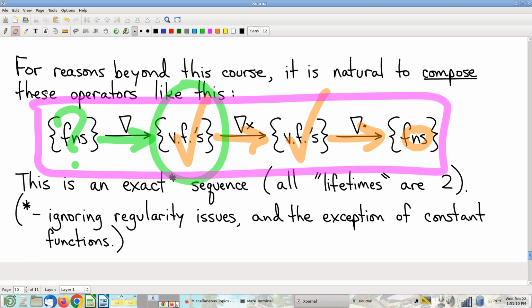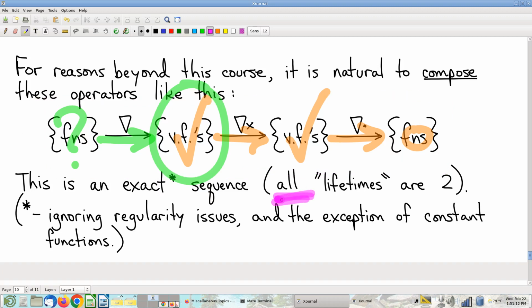Well, the rule here that all lifetimes are 2 is what makes that not possible. All lifetimes are 2 means you can't have this be where this story begins. This can't be where it was born, because if so, then it survived to here, and then it survived to here, only to die there. That would be a lifetime of 3. Not allowed. The lifetime is 2.